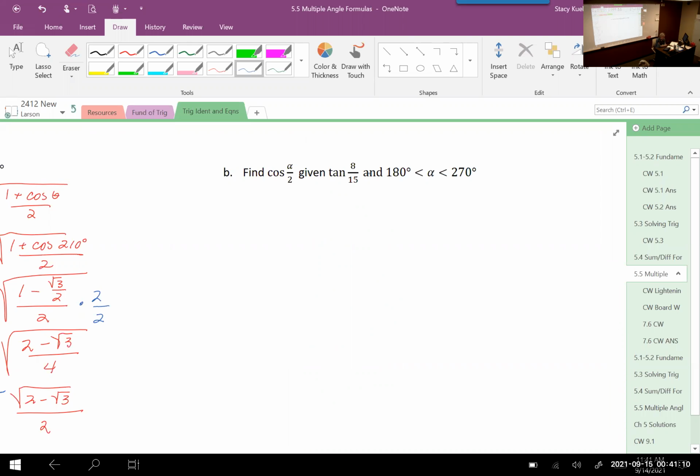And I know that alpha, the full angle, is in the third quadrant, between 180 and 270. So we have a little prep work to do before we can move on, right? Just to be clear, this should say the tangent of alpha is equal to 8/15.